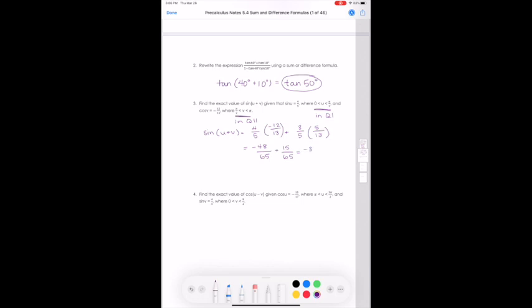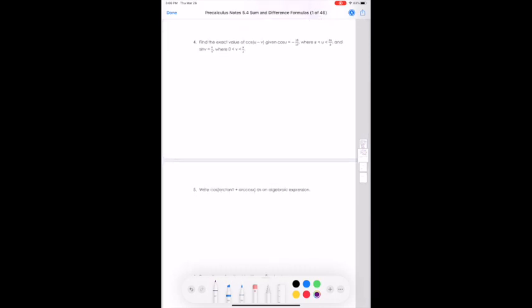Alright, and then simplify this fraction, so negative 33 over 65. That's that. Alright, we're going to do another one like that.